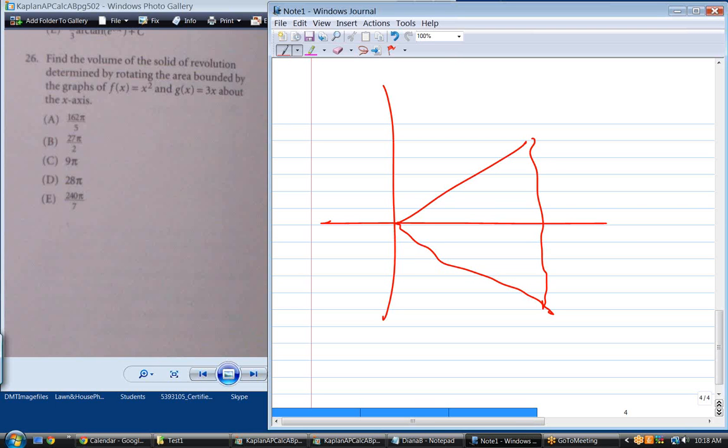In other words, most every object that you can make up with a bunch of disks can also be made up with a bunch of cylindrical shells. And what causes you to choose one over the other is usually the axis of orientation. We won't get into that today, but they'll give you examples.